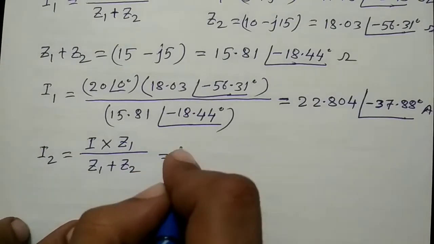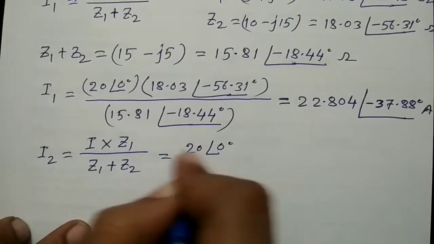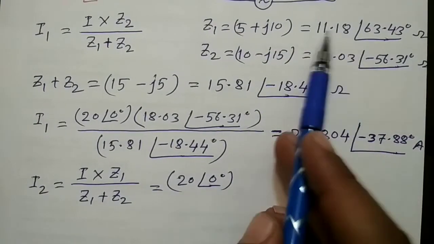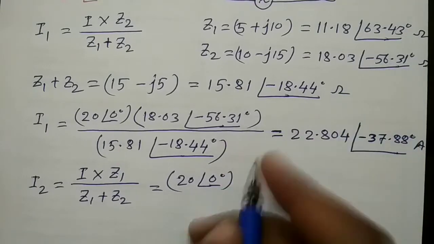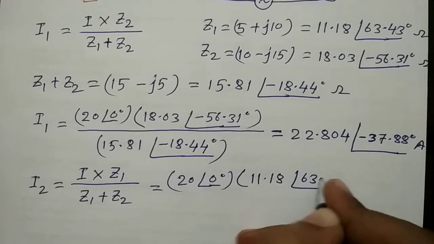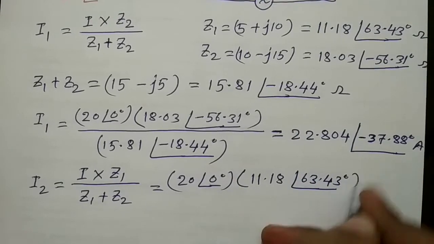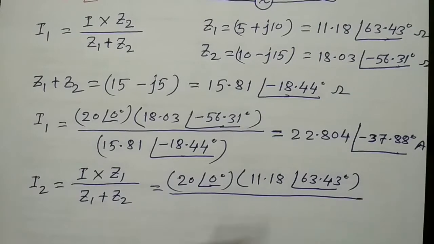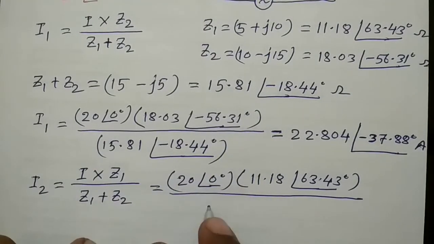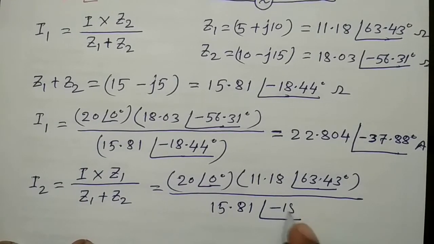So the current is 20 ∠0 degrees, the value of Z1 in polar form is 11.18 ∠63.43 degrees, upon Z1 plus Z2, which is 15.81 ∠−18.44 degrees.